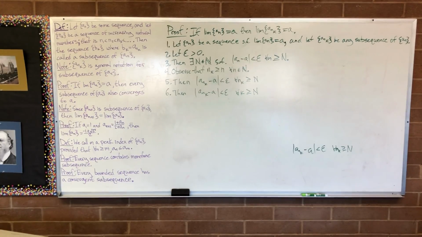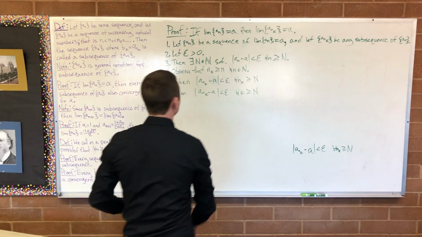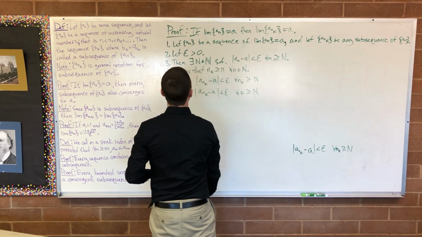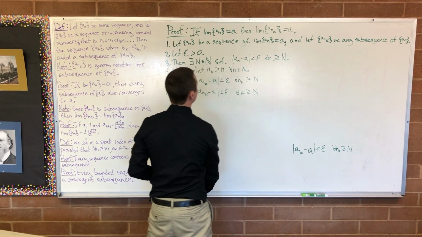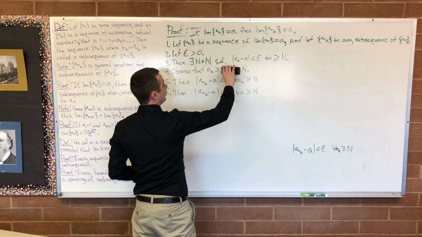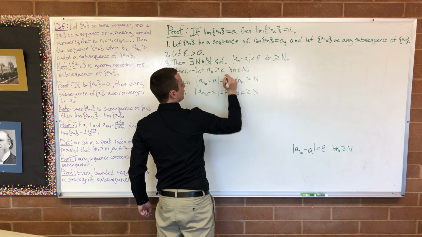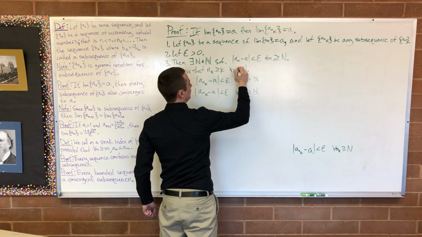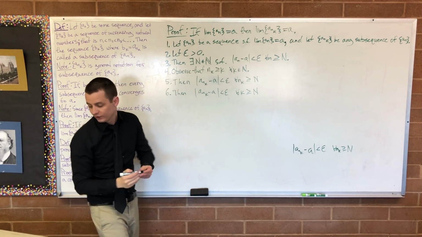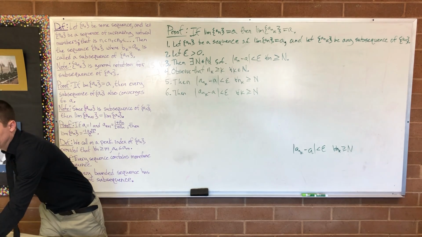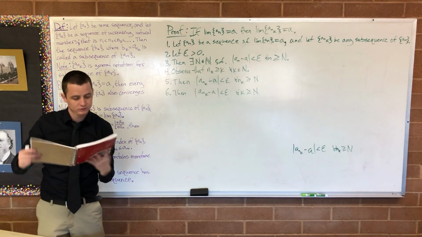Let's see how I wrote it here. It says n sub k is greater than or equal to k for all k in n. That still says the exact same thing that I said before. It didn't change it, just changed the variable.